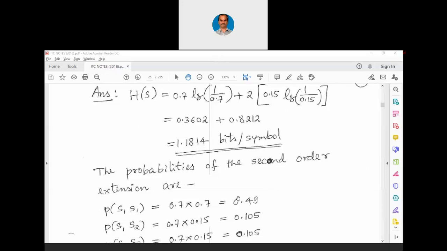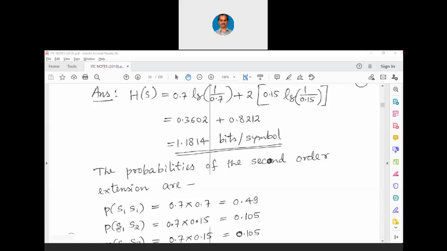Okay, there was a slight disruption. I will continue now. The probabilities of the second order extension, again I am reiterating, it is not the breaking up of the symbols, it is simply for the sake of illustration. It is an extension, meaning symbols can be combined together. So P of S1 and S1 is 0.7 into 0.7 is 0.49.